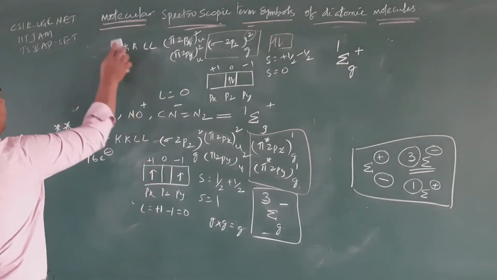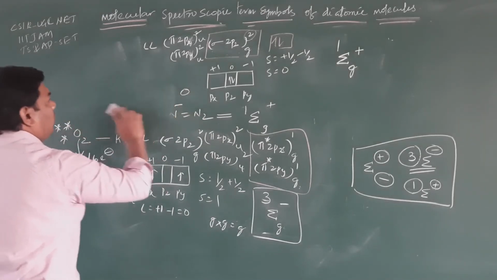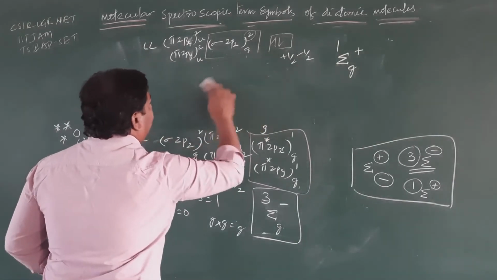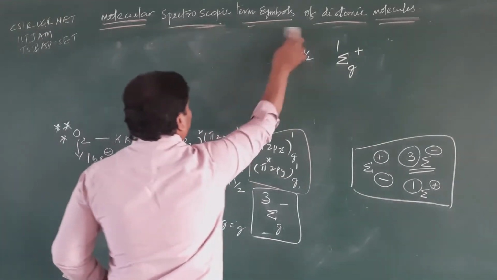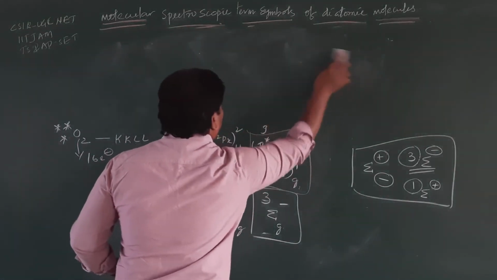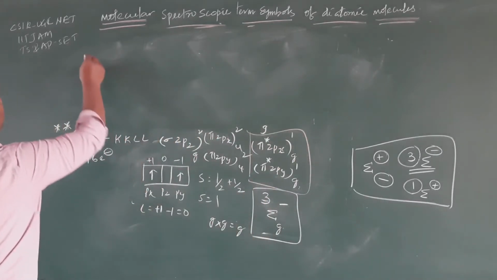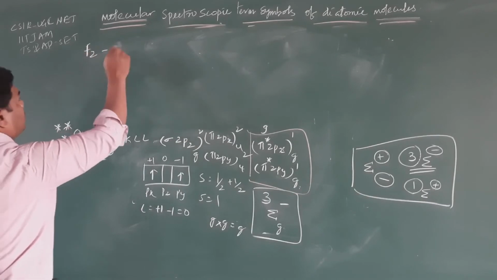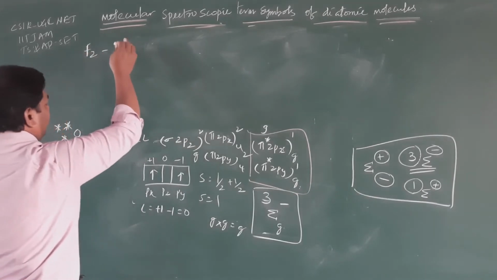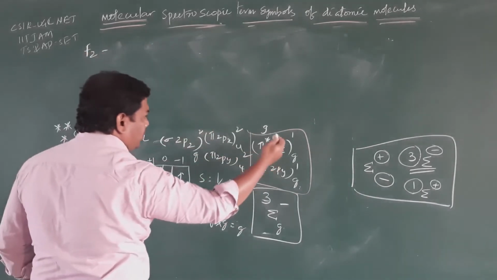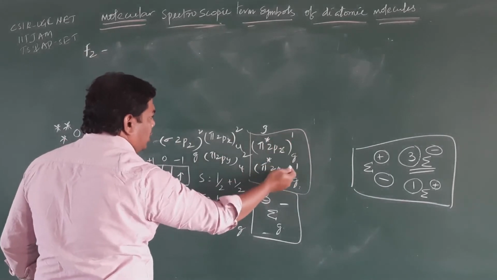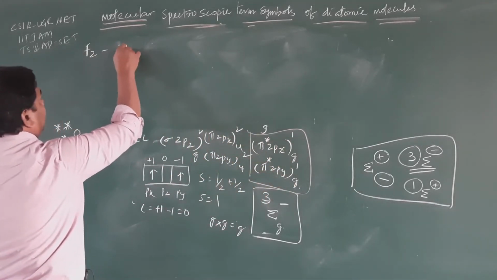Then we will move to the next one, that is F2. We will find out the molecular term symbol of the F2 molecule. I will write the last electronic configuration, because already 16 electrons are over, so this is KK and LL.